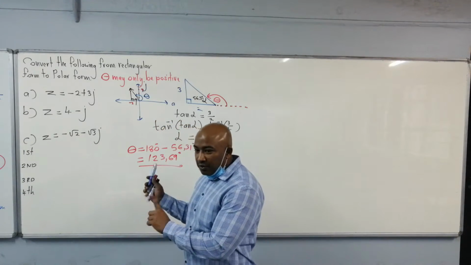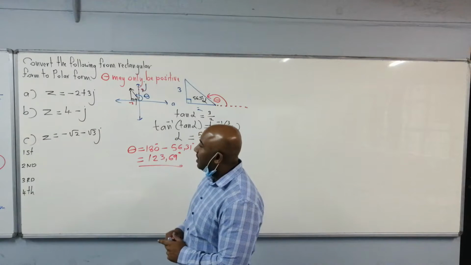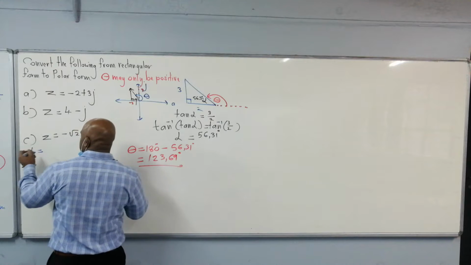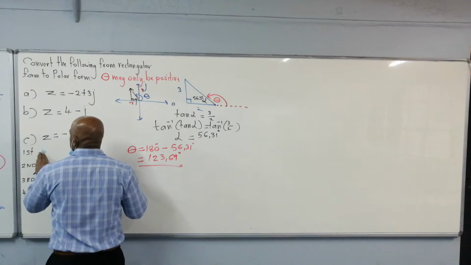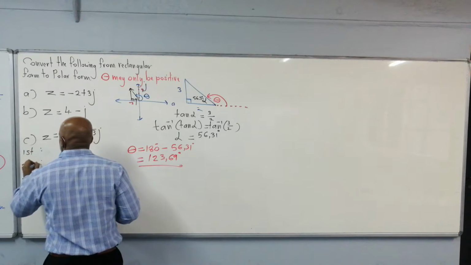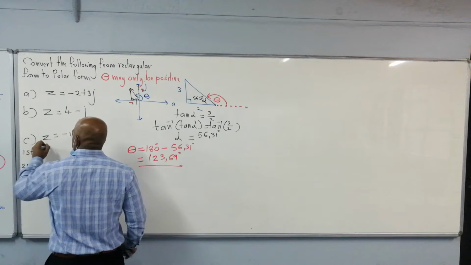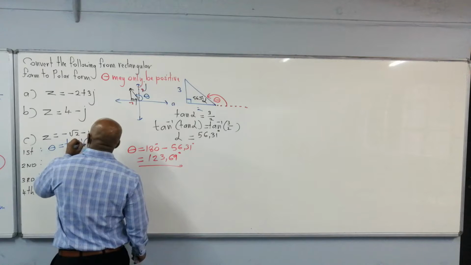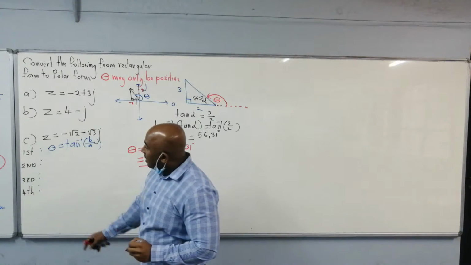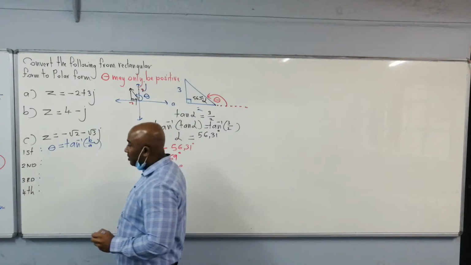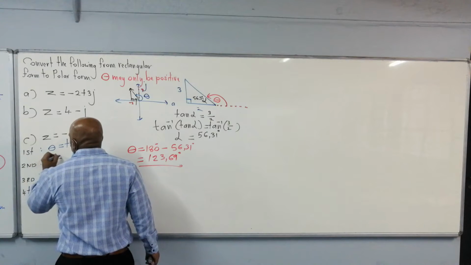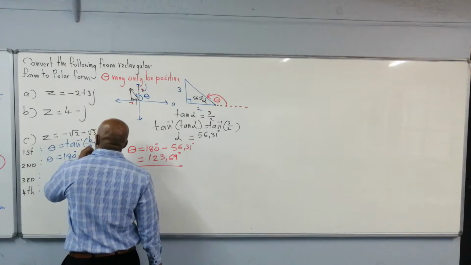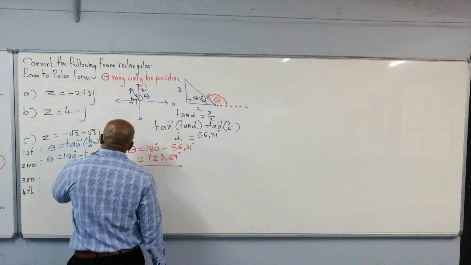This is the part where most people make a mistake, which is finding the angle. So in the first quadrant, we know that theta is equal to inverse tan b over a. In the second quadrant, theta was equal to 180 minus inverse tan b over a.